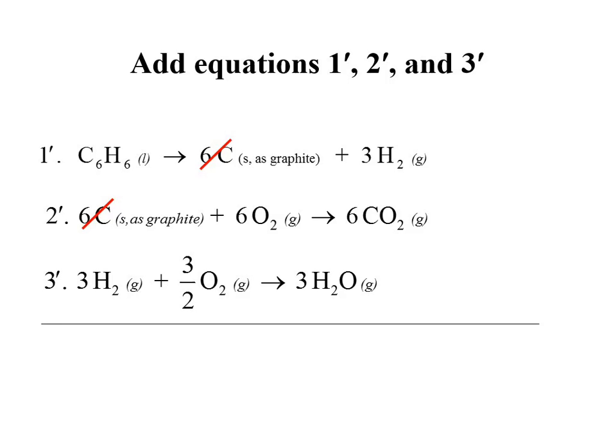We could do that too. Okay, let's see. See anything else up there that'll cancel? The 3H2s, yep. Those will cancel too. Very good. And I think that's about all that's going to cancel.